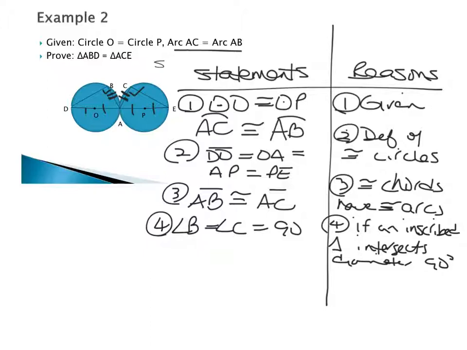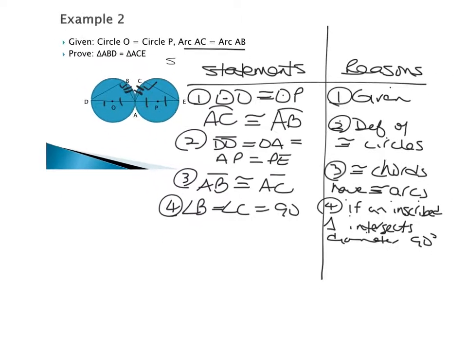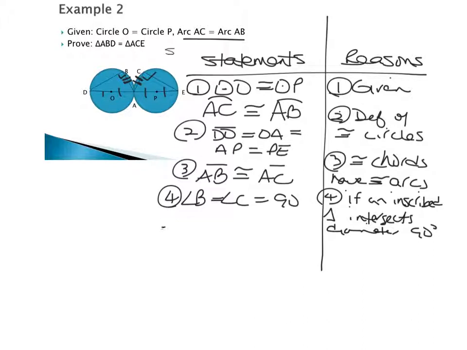So notice, because I have those congruent arc measures, I know that I can say that angle BDA and CEA are going to be congruent because they have the same arc measure. But it's going to take several steps. So for this one, now I'm going to say, for step 5, I'm going to say that angle CEA is equal to half of the measure, or half of the arc measure of AC.